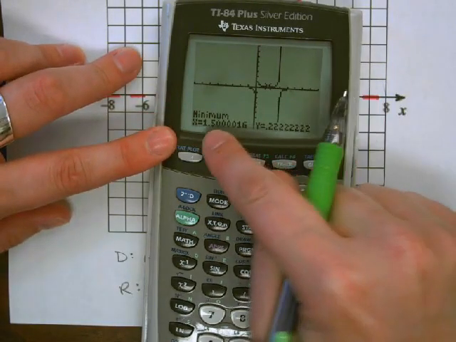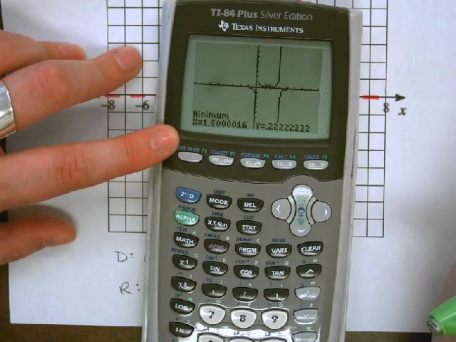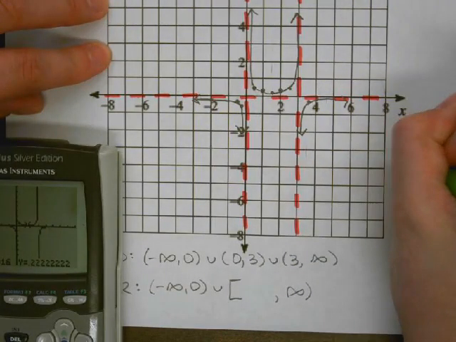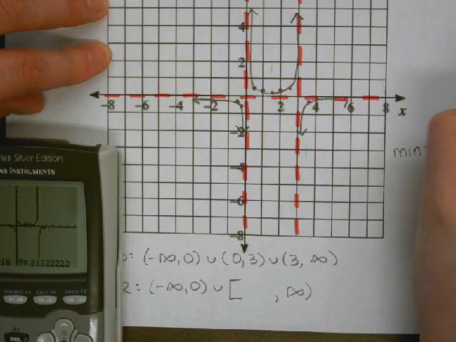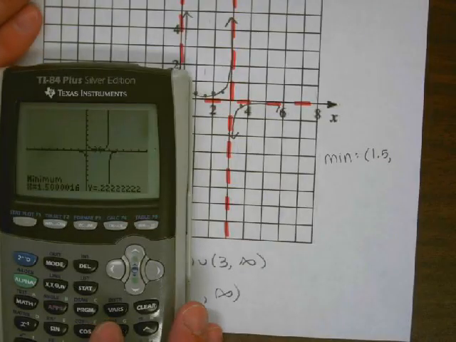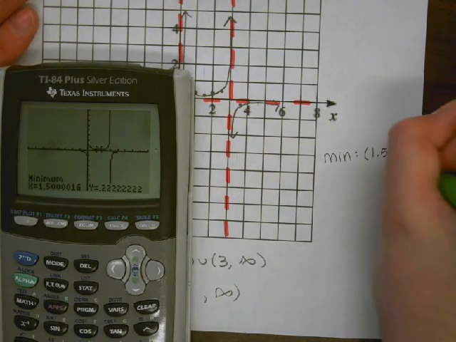And the minimum is 1.5. When your calculator does that 0, 0, 0, 0, it's just having a hard time saying 1.5. So I'm going to go ahead and say that my minimum is 1.5, and then I have as the y-coordinate 0.222222222, which I believe is 2/9, but I'm going to go ahead and write it like this.